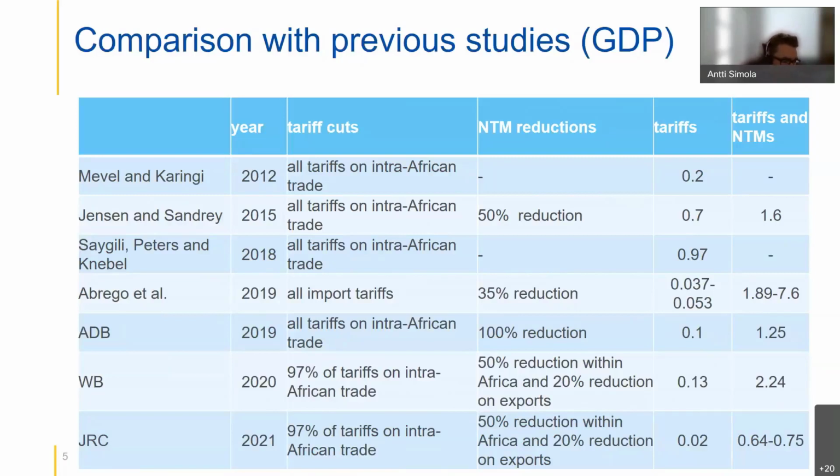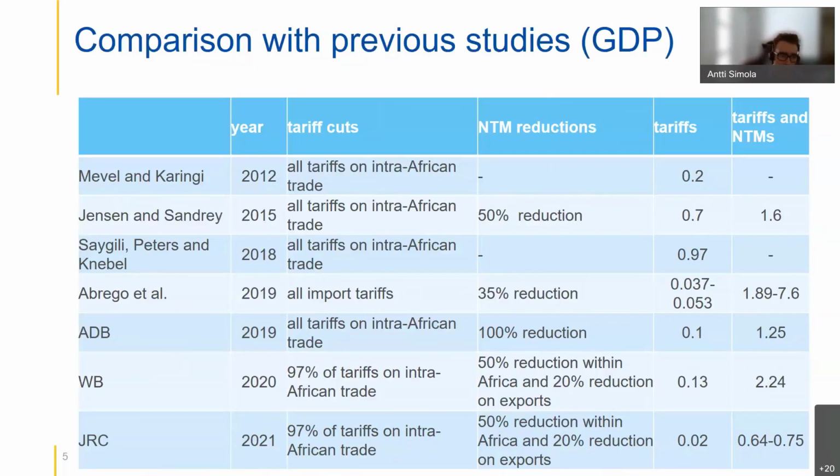The second commonality is that the majority of the GDP increase comes from the NTM reduction, while the effects of the tariff cuts are quite modest. Our study, which I have listed at the bottom of the table, represents the lower end of the GDP improvement.